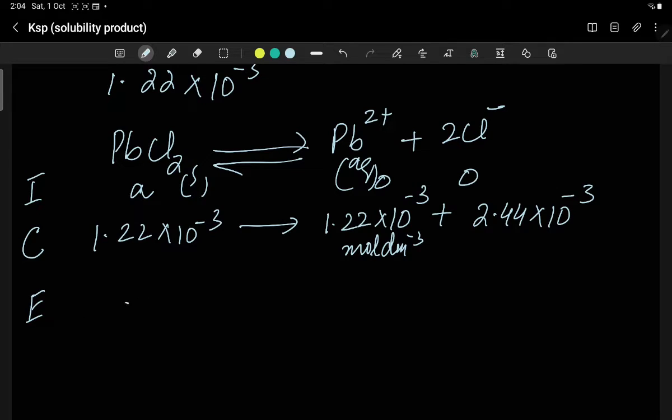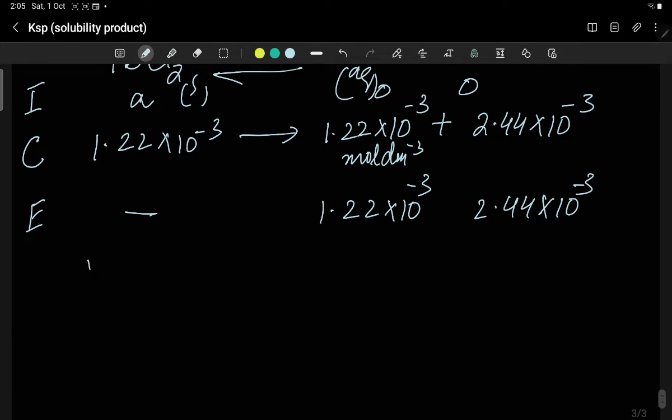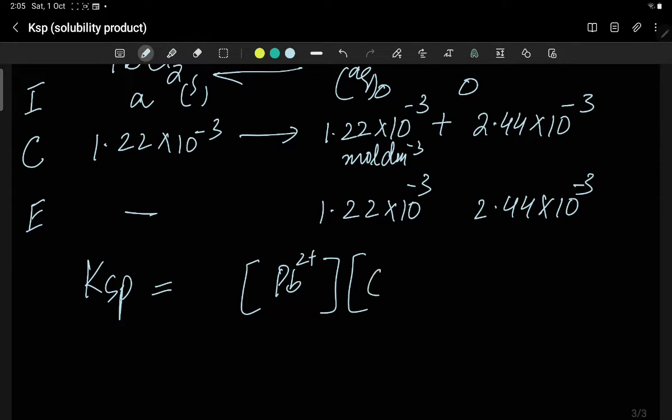At equilibrium this is ignored, and this is equal to 1.22 × 10^-3 and 2.44 × 10^-3. So we know the Ksp expression. Ksp is equal to the concentration of lead ion, concentration of chloride ion, raised to the appropriate power.